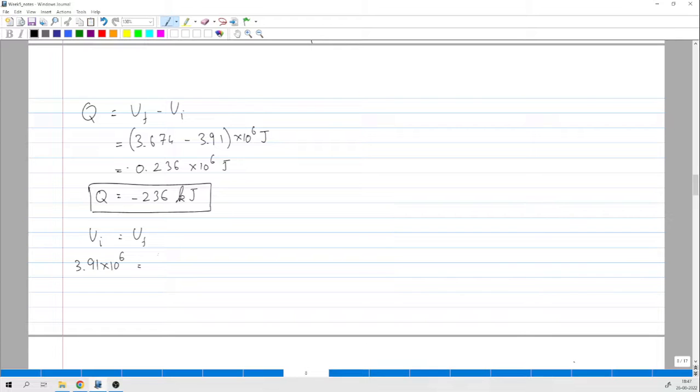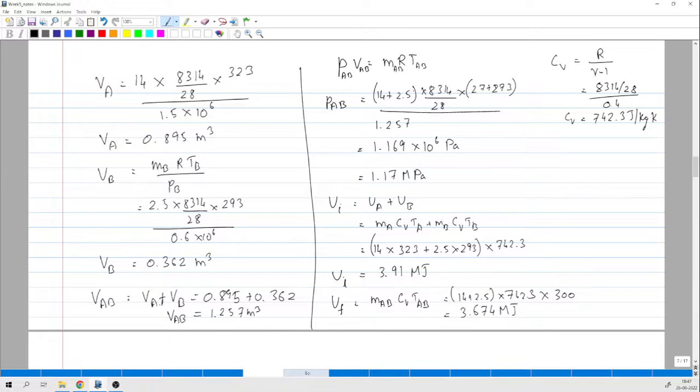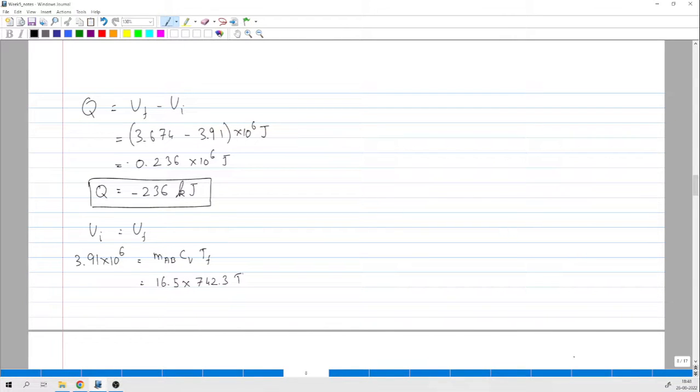T final we can calculate using MCVT, so this is MAB into CV into T final. MAB is 16.5, which is 14 plus 2.5, into CV, which is 742.3, into TF.